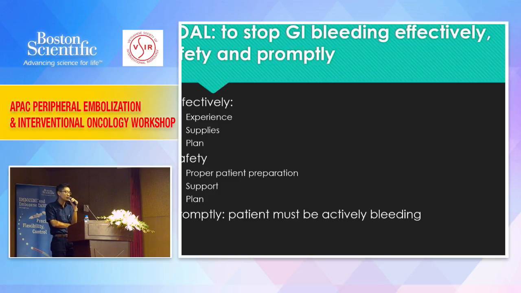Promptly doesn't mean we have to do the procedure as soon as possible, because GI bleeding is intermittent. Sometimes it can stop and start again, so we have to indicate angiography when the patient has active bleeding.